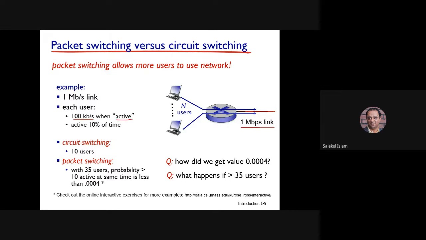When they are active means when you are connected to the internet, we don't transmit data all the time. It's not like we are streaming 24 hours or always downloading.